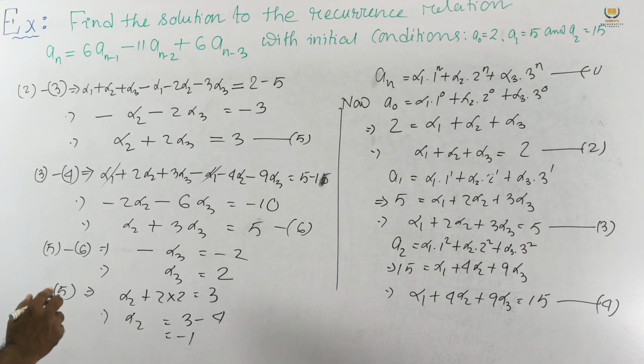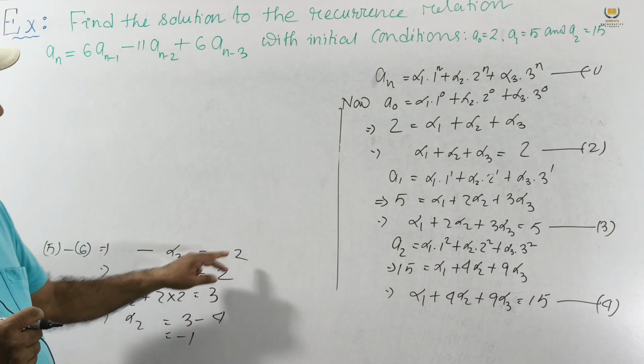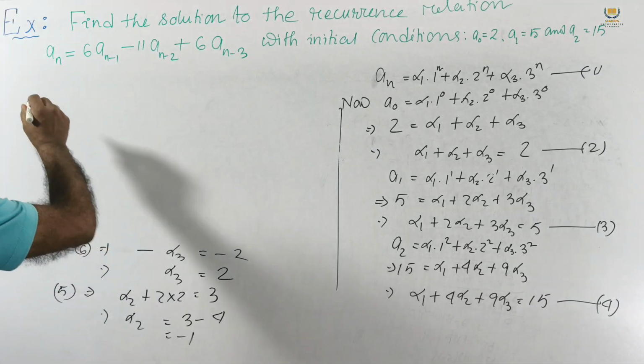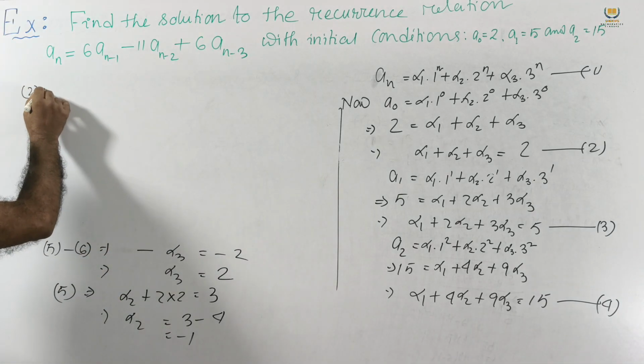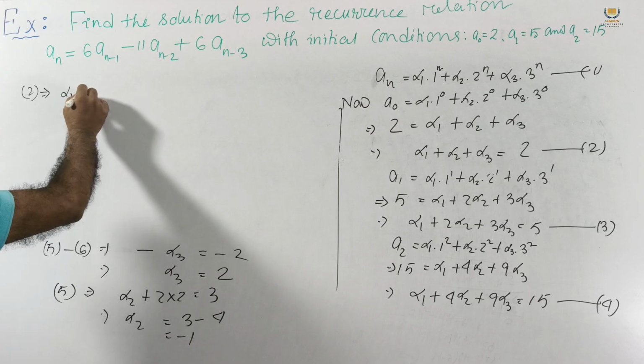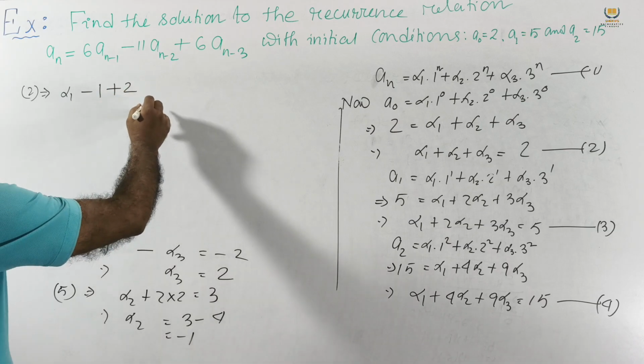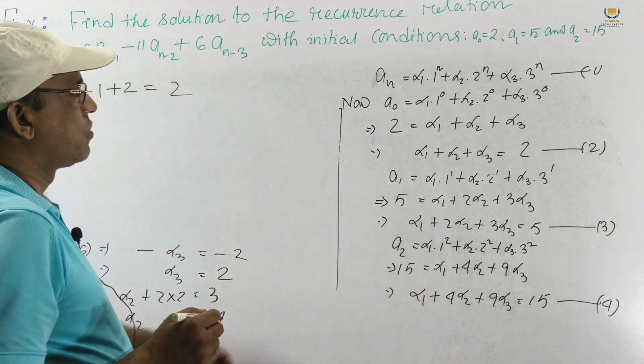Putting the values of alpha 2 and alpha 3 in equation number 2: alpha 1, alpha 2 is minus 1, alpha 3 is 2, equal to 2.